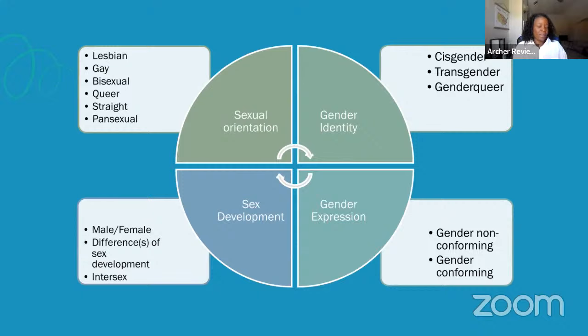Gender conforming, to explain that, is basically what we consider 21st century societal norms. For example, in the 21st century here in America, it might be considered gender conforming for a man to enjoy watching sports, fishing, hunting, and for women, it might be gender conforming if they're interested in fashion, yoga, knitting.